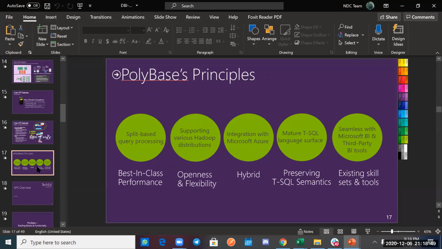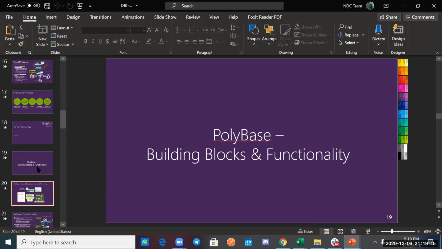Of course, these are some of the principles, and a lot of it is advertising, like best in class performance. Just remember, basically, it can query data from the data warehouse, or blob storage, or the one from Hadoop, and it works with both relational and non-relational databases.